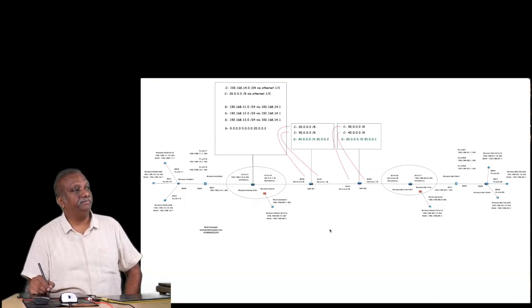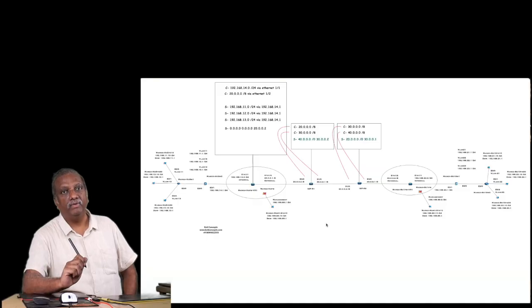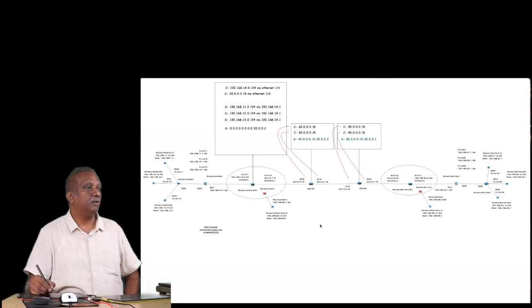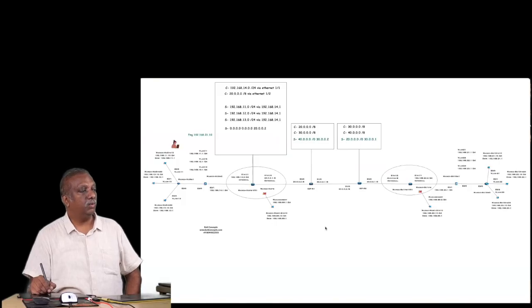Now let's see. We have verified the routing tables of the head office firewall, branch office firewall, ISP router 1 and ISP R2 router. Now, from this particular system here, somebody says ping 192.168.21.10.